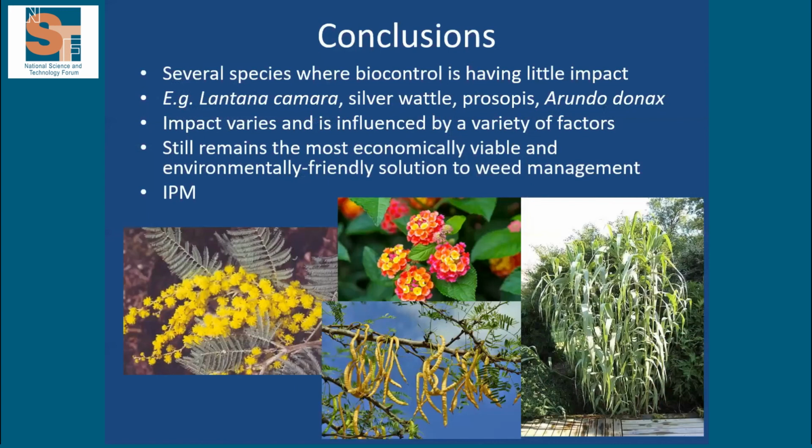So there are obviously many species where biocontrol has been successful, but there are also others where biocontrol is having very little impact. And in South Africa, as well as I think in some places globally, some of these species are lantana, Acacia dealbata, silver wattle, prosopis, as well as the giant Spanish reed, Arundo donax. And the impacts of agents, as well as whether or not they establish from the outset, is influenced by a variety of factors, and this includes a host-agent mismatch in some instances, and different ecotypes of species.